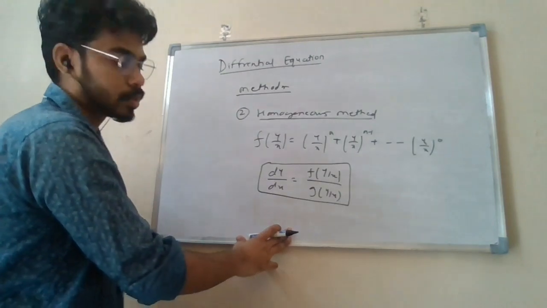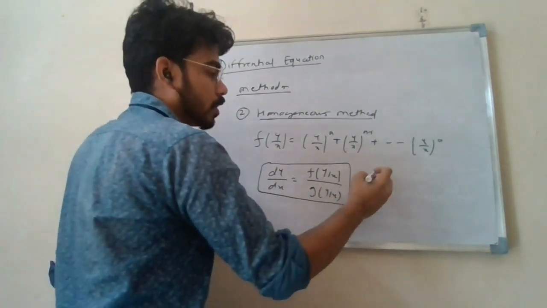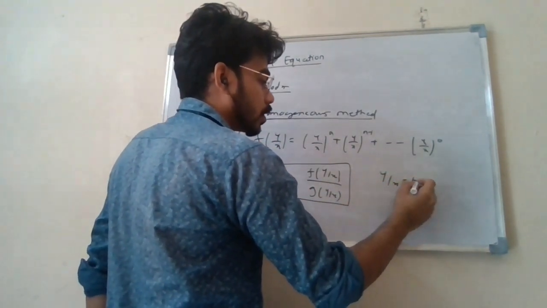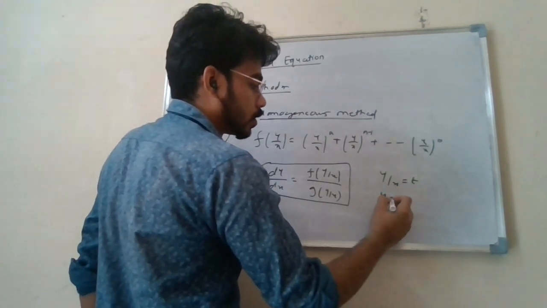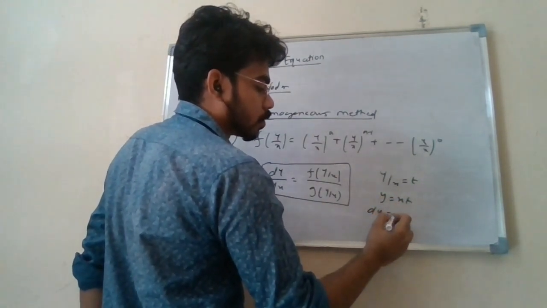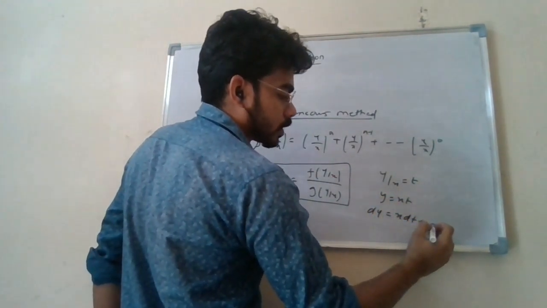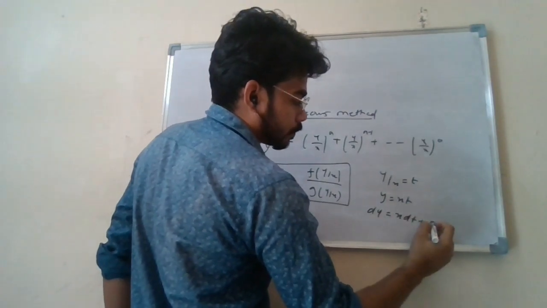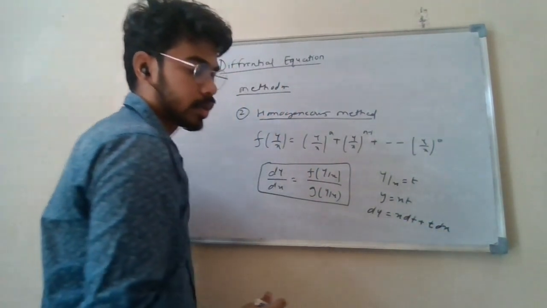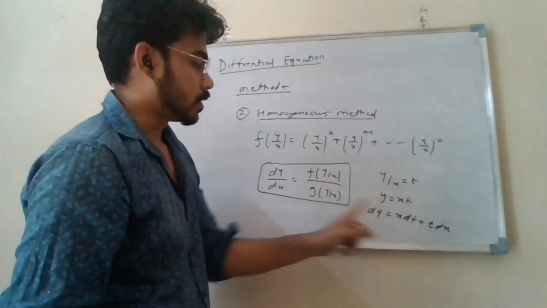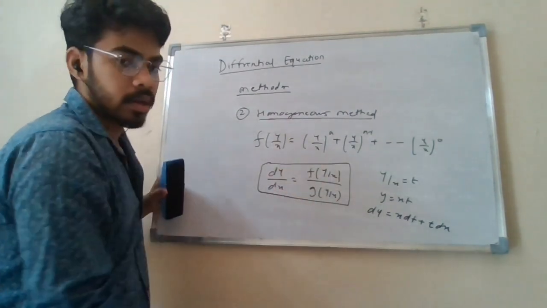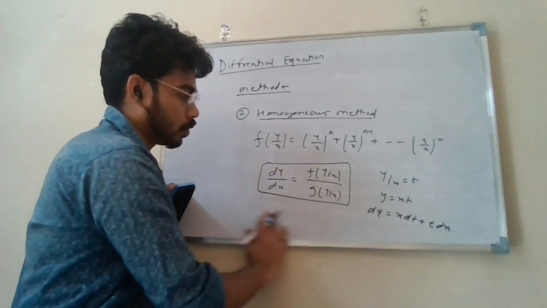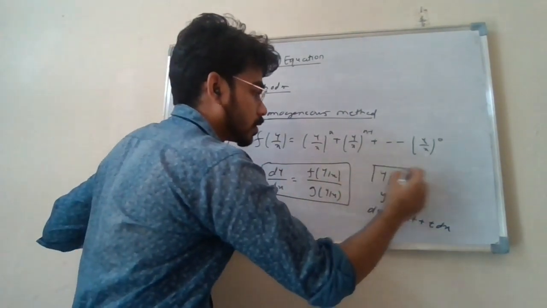To solve it, simply substitute y by x is equal to t, or you can write y is equal to xt, then dy is equal to x dt plus t dx. Just put this in the differential equation and you will get the solution. In this way, just remember this.